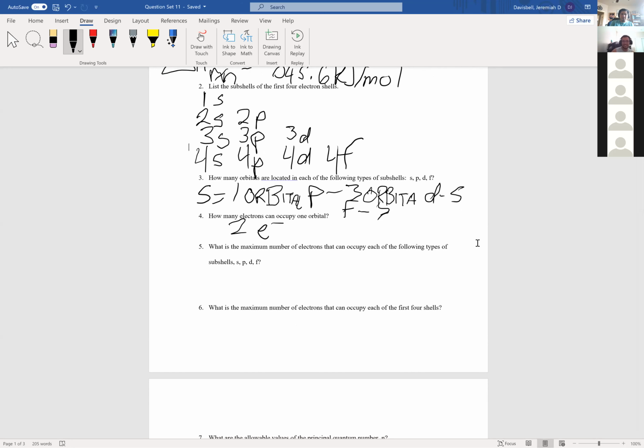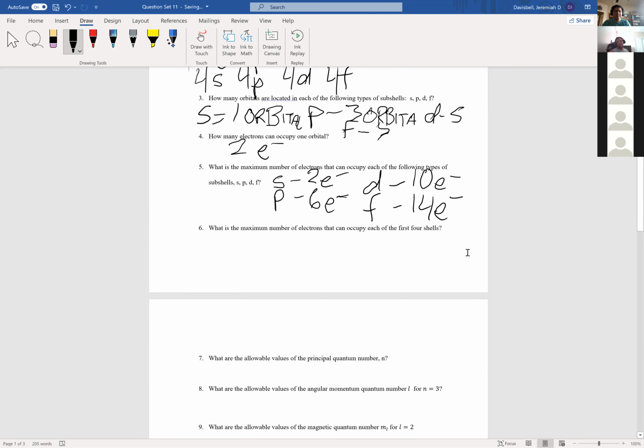We kind of already said that one too, but just as a recap, for s, what would it be? Electrons this time. 2. Okay, and then p? Beautiful. And last but not least, f. 14. Couldn't have said it better myself.